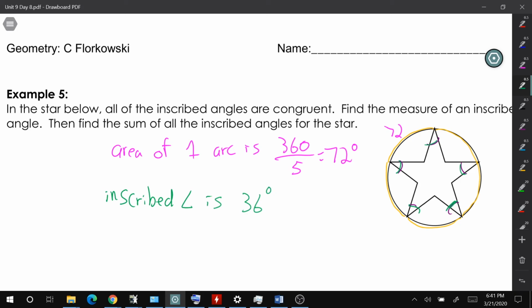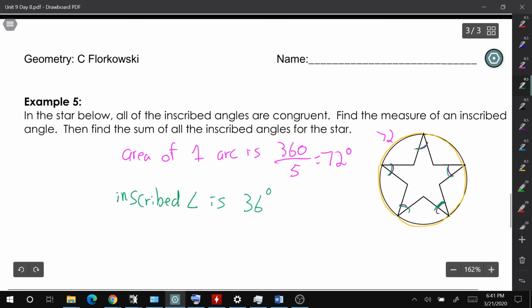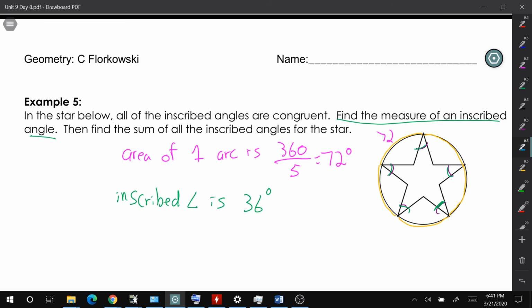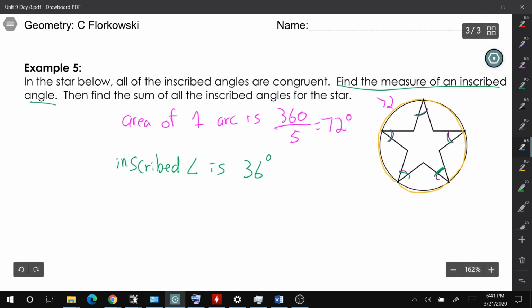So that's the first part. It says find the measure of an inscribed angle. Then it asks us to find the sum of all the inscribed angles. You could go about this two ways. You could say, well, there's 5 angles, so 5 times 36, and we get 180 degrees.